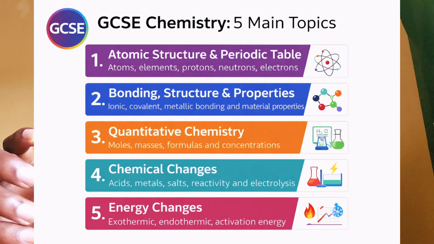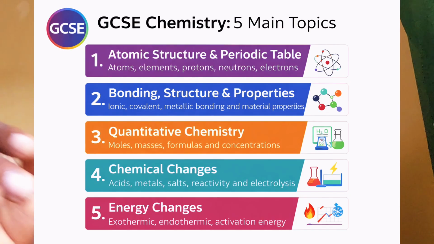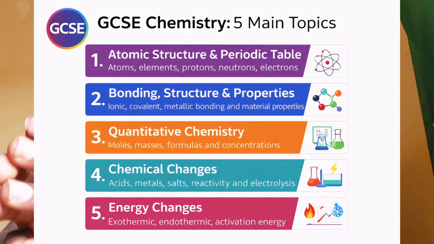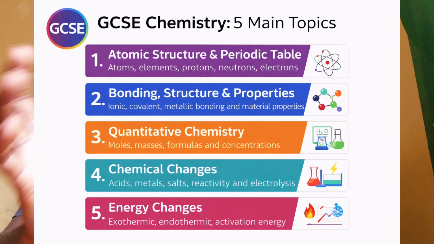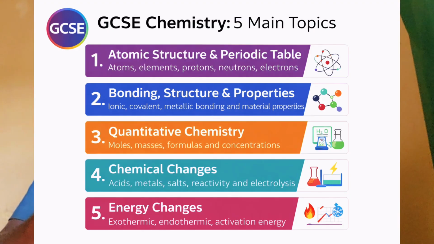While number two is bonding structure, right? Bonding, structure and properties of matter. Number three is quantitative chemistry. This part involves calculations, right? And number four, we talked about chemical changes. And lastly is energy changes.